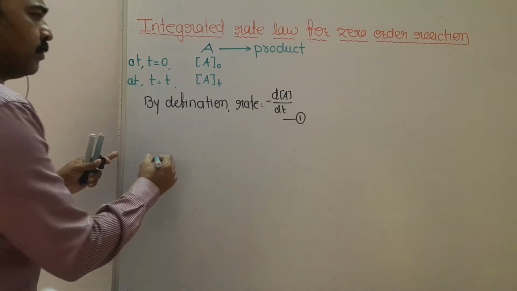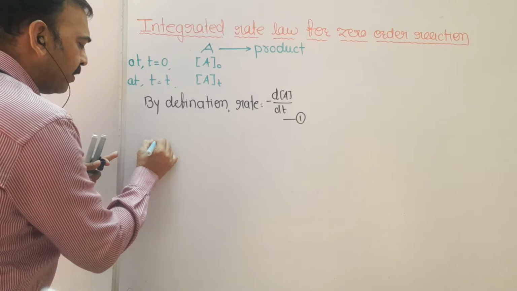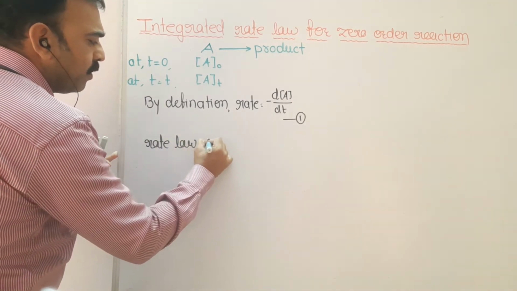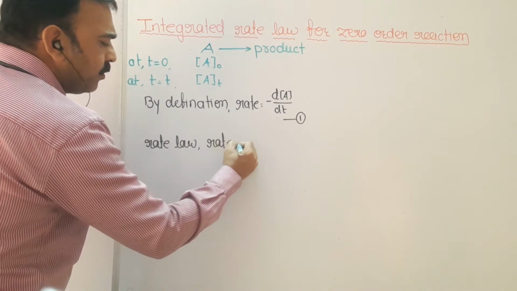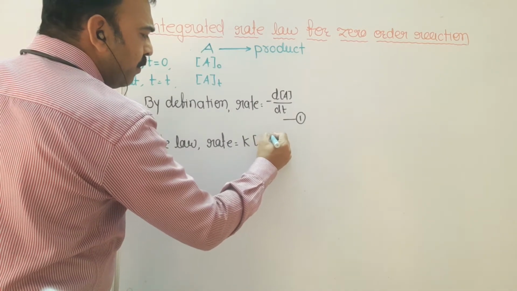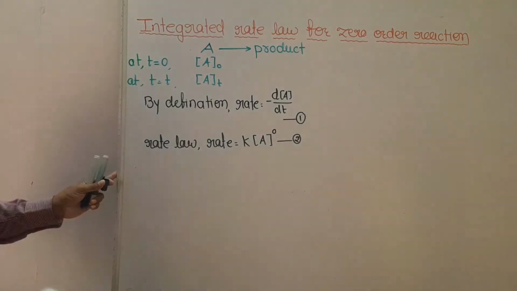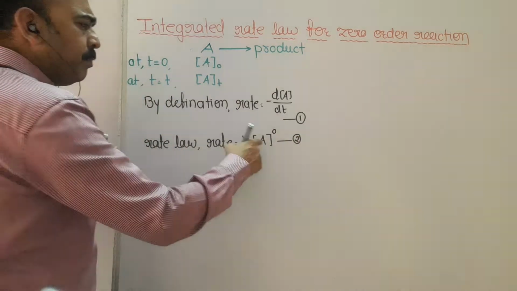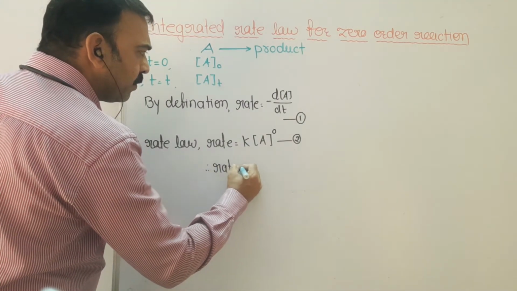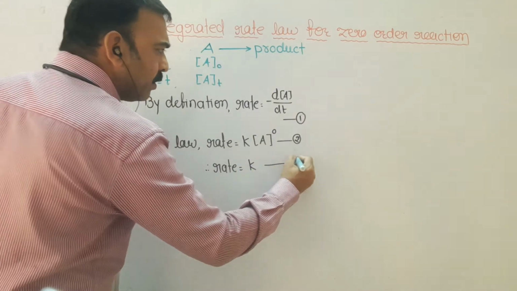And the rate law for the reaction is rate equals some constant k into concentration of A to the power 0. This is equation number 2. Anything to the power 0 is 1. Therefore rate equals k. Equation number 3.